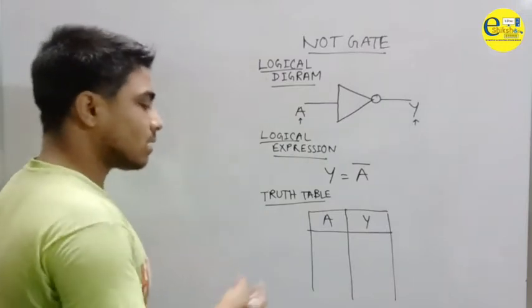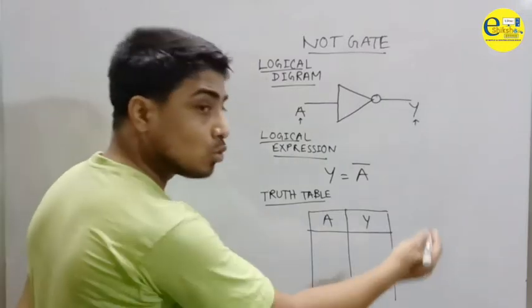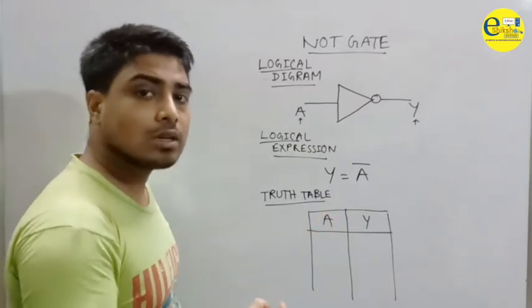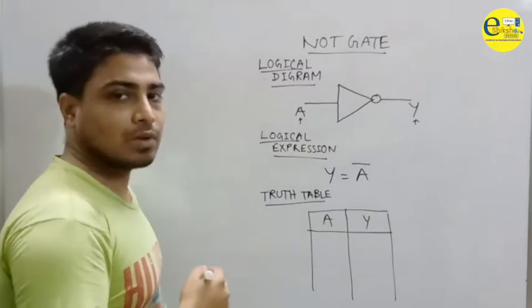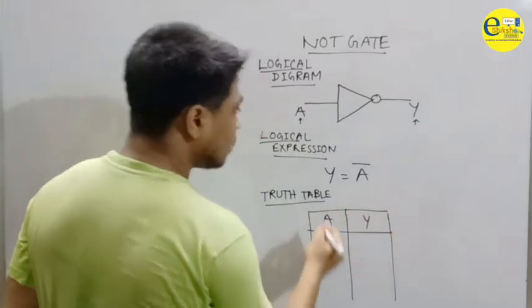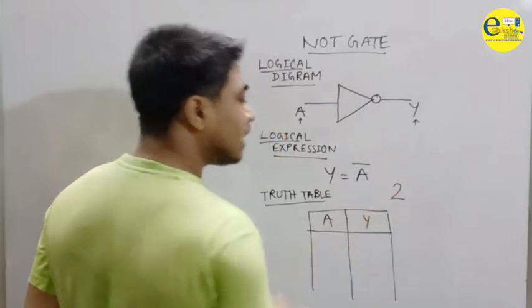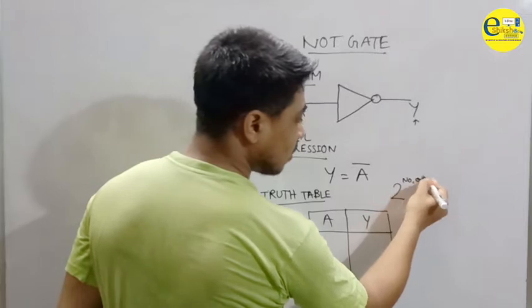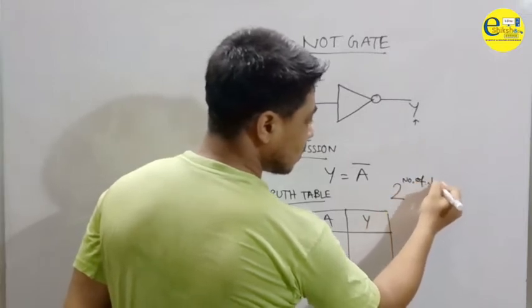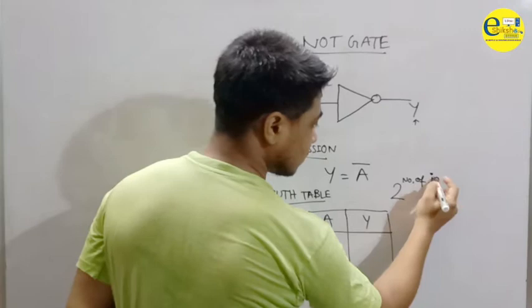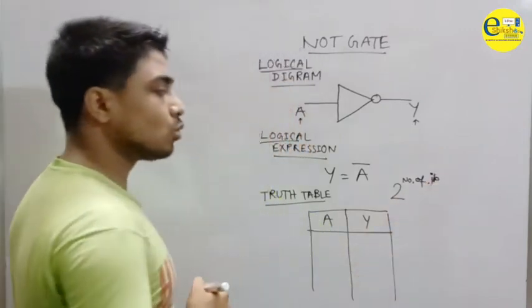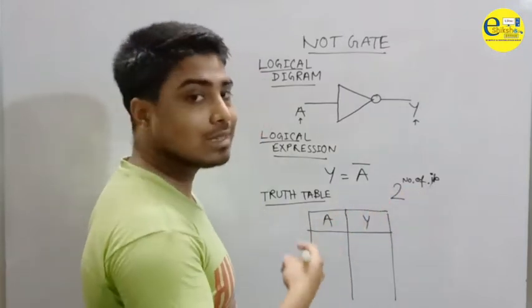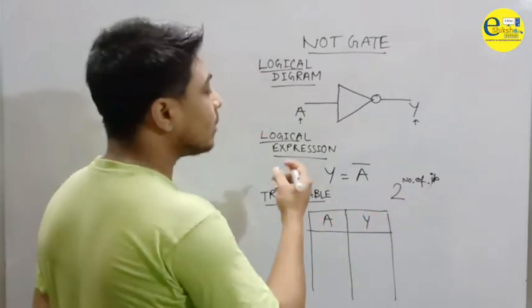Now let's come to the next point: how many rows do we have to draw here? It is always 2 to the power of the number of inputs. So how many inputs do we have?